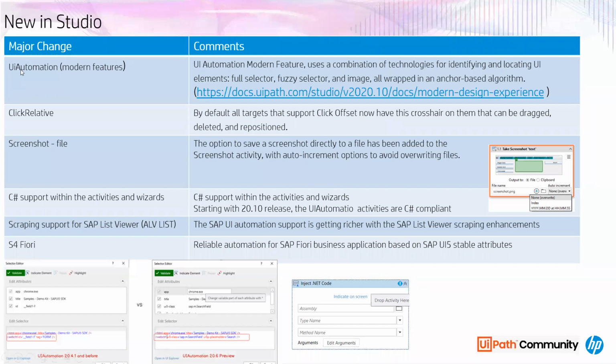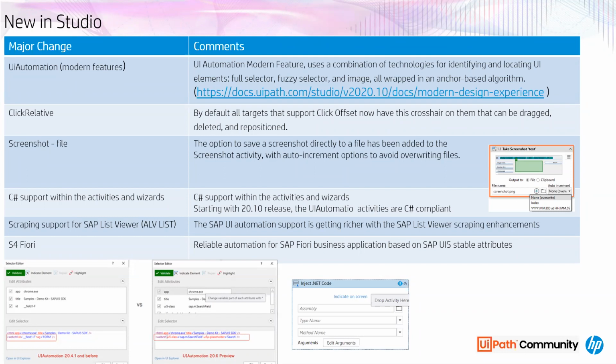Two key features I personally liked as compared to the previous one. In our organization we are using S4 ERP as Fiori, the web tool. One of the challenges with the previous version was that it went with iframe selector identification, because Fiori is completely built on top of various iframes, it's UI5 completely, that's the technology behind. It has many iframes, and the way the previous versions of UiPath detect is by identifying the web control, loading the document object model, and identifying the selector, which is always a tedious task.